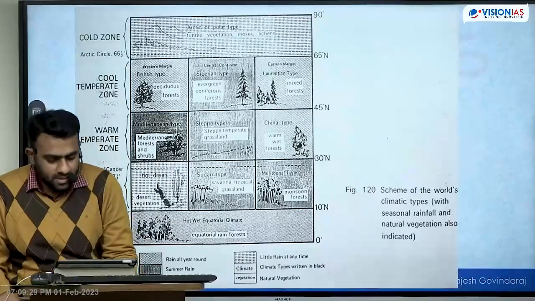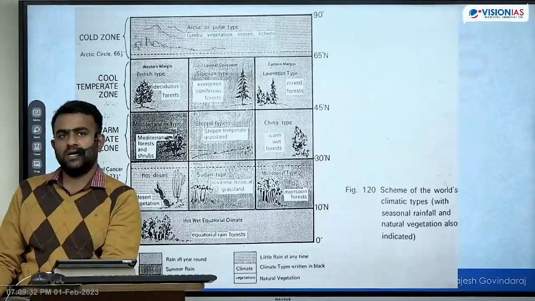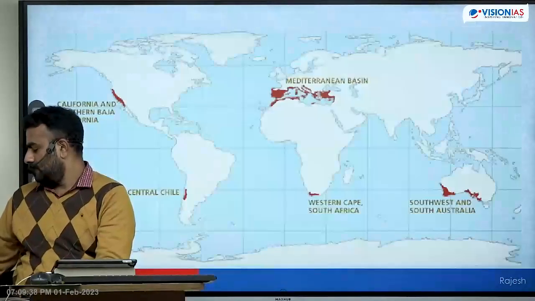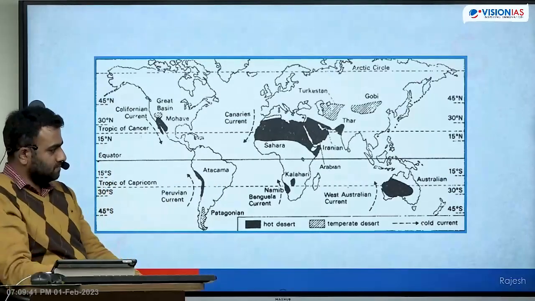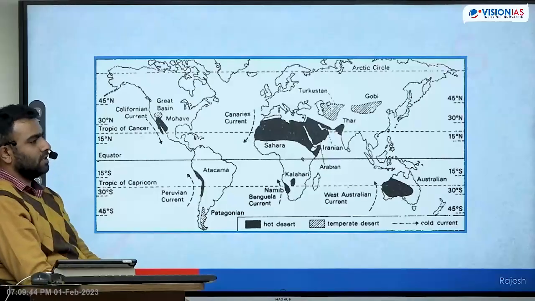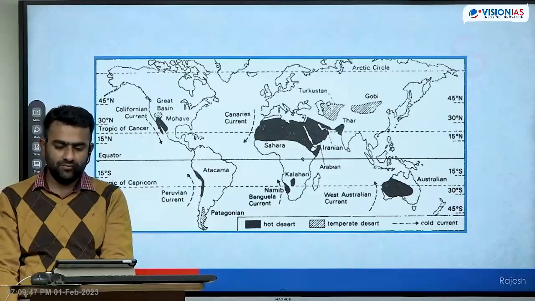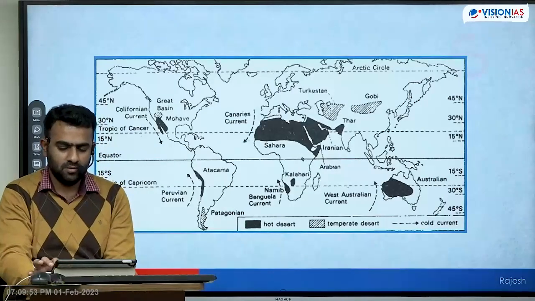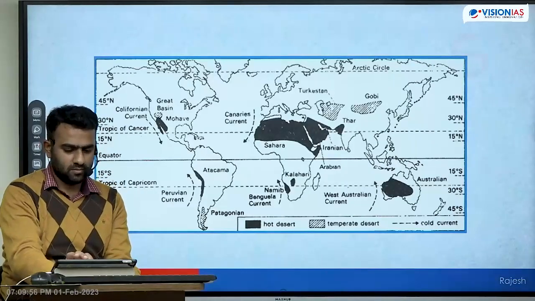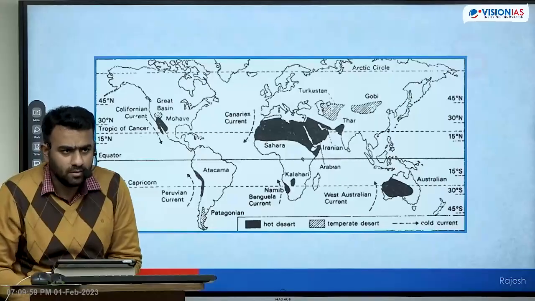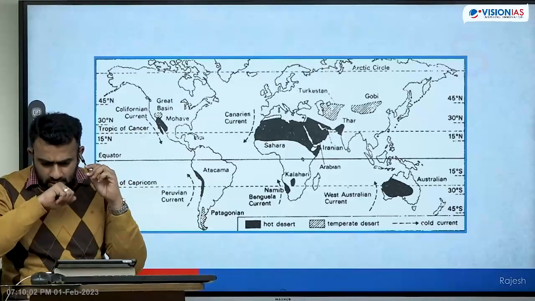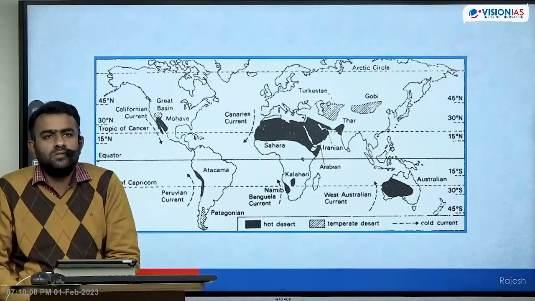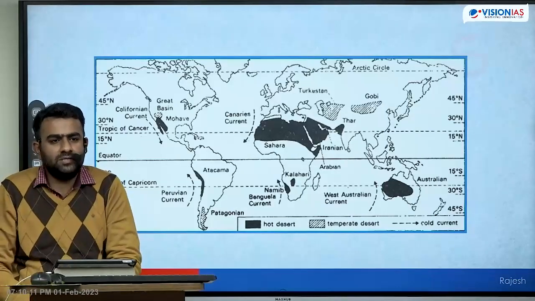Okay, so next one, desert type of climate. It is also called the hot zone western margin. So within the hot zone western margin, why are there deserts?